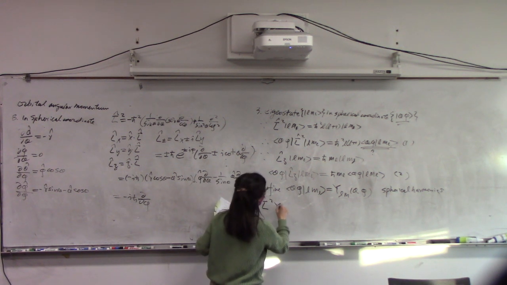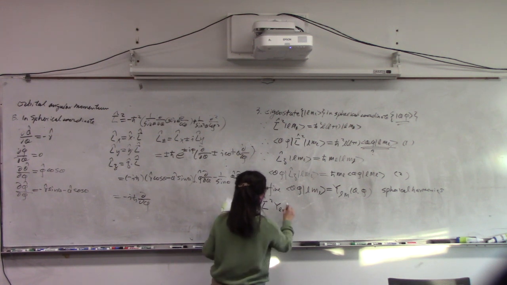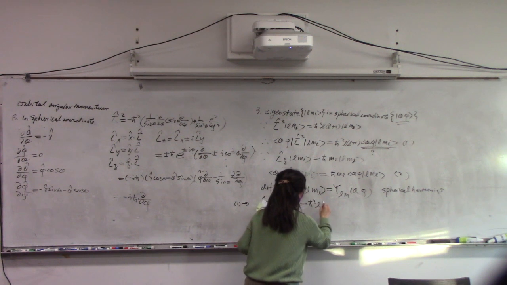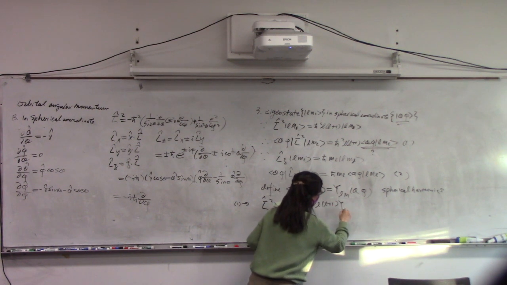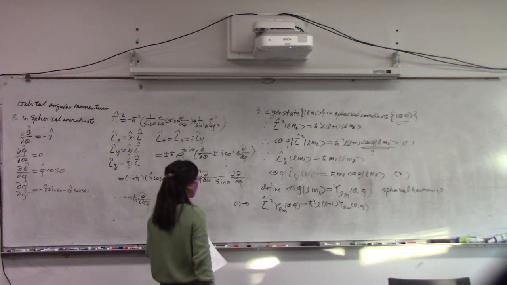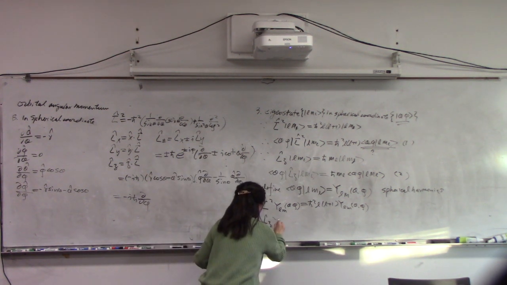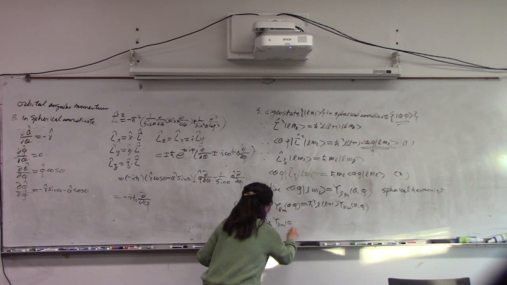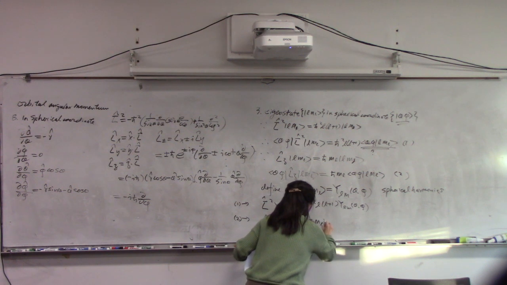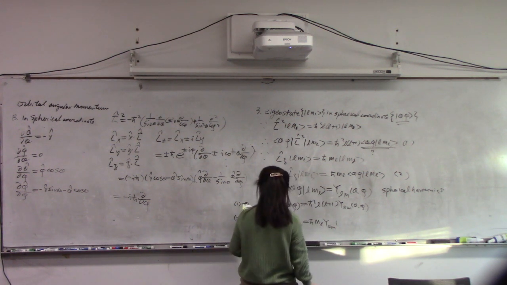So this becomes L square Y_lm(theta, phi) equals h bar square l(l+1) Y_lm(theta, phi). That is equation 1, and equation 2 becomes Lz Y_lm(theta, phi) equals h bar m Y_lm(theta, phi).